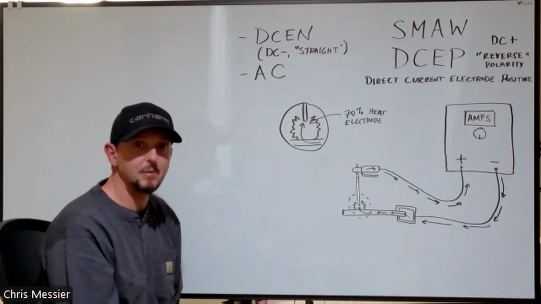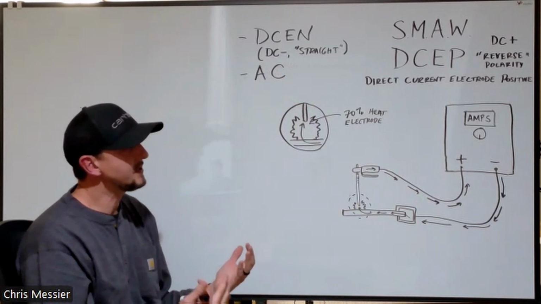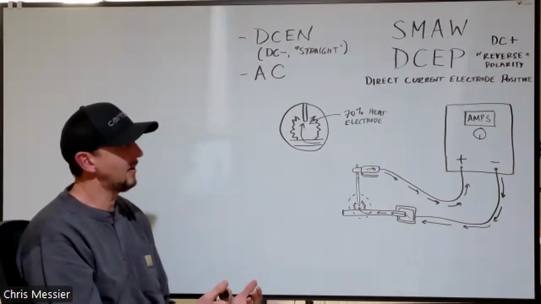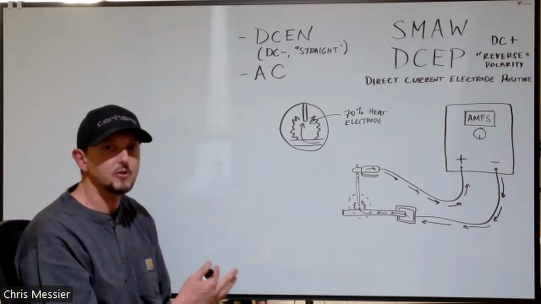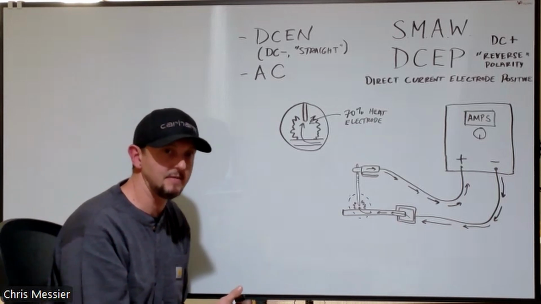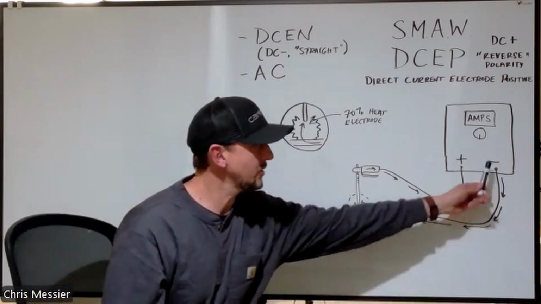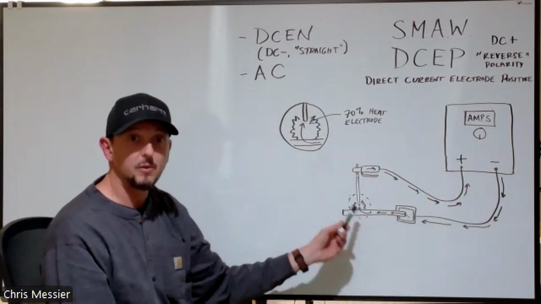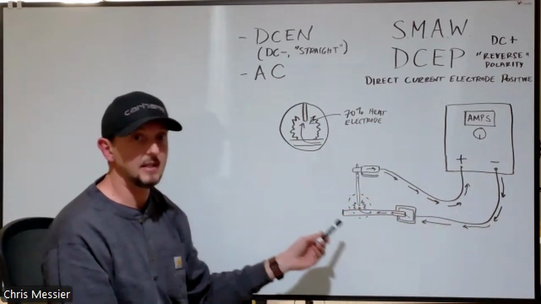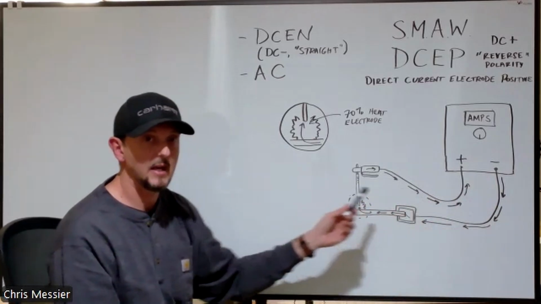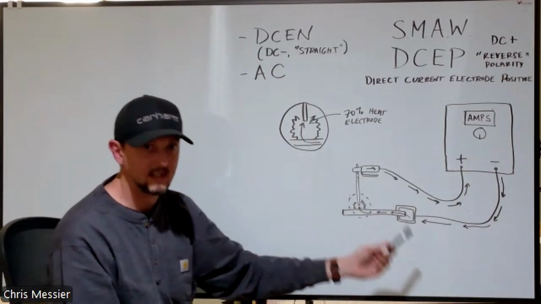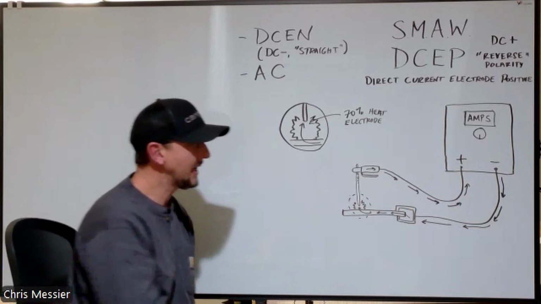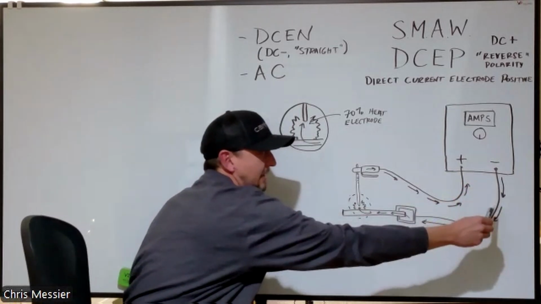So DCEP polarity. The thing to understand about polarity is that our current is always going to travel from negative to positive. It's always going to travel from the negative terminal through the leads to the positive terminal. Our circuit's going to go in that direction, and that has a lot to do with where our heat's going to be focused. I'll show you what I mean by that. Our current is traveling this direction.